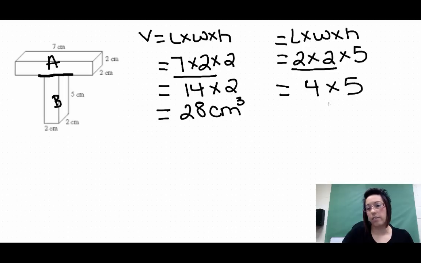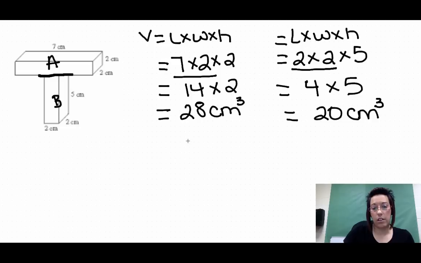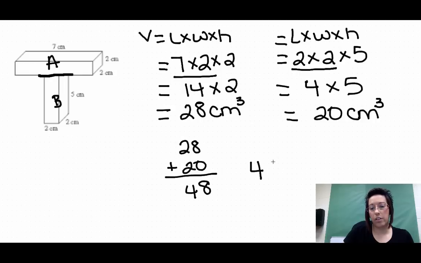Copy down the rest. 4 times 5, which is 20. Centimeters are our units, and they are cubed. 28 plus 20 to get each section together. That means our answer is 48 centimeters cubed.